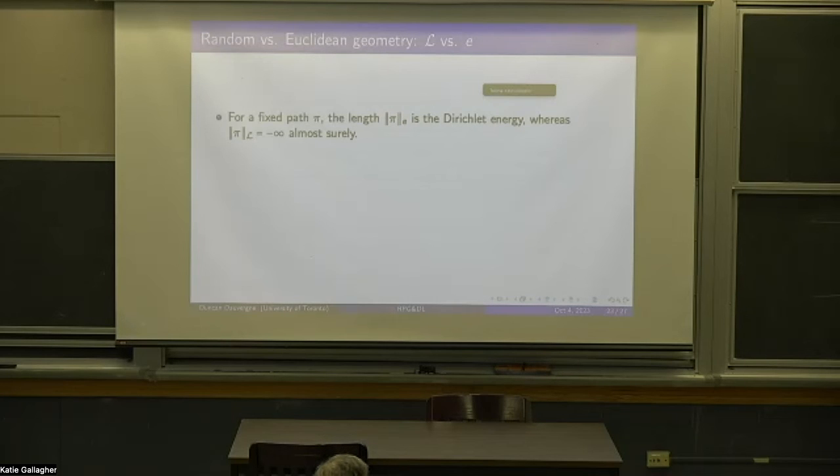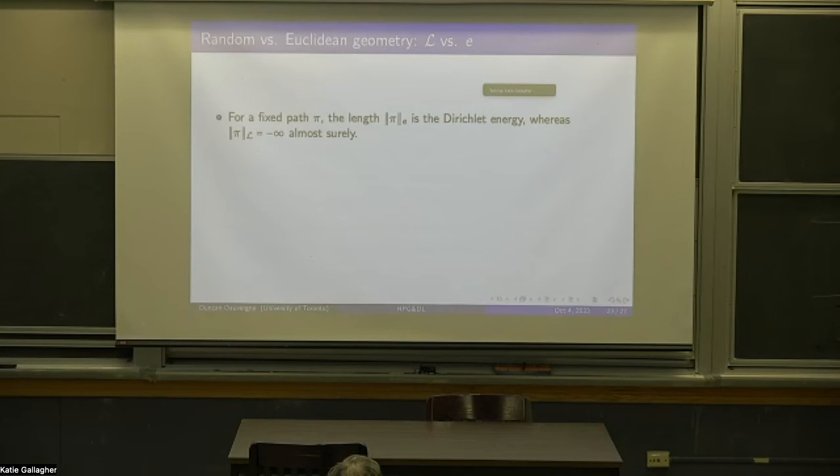Unlike in the Euclidean case, I don't get a closed formula when I do this. I don't end up with some nice integral. In particular, if I do this with any deterministic path, I'll end up with minus infinity. So what has to happen in L is that there are uncountably many paths that you can draw in the plane. Most of these will have length minus infinity, but a few special paths will have finite length.